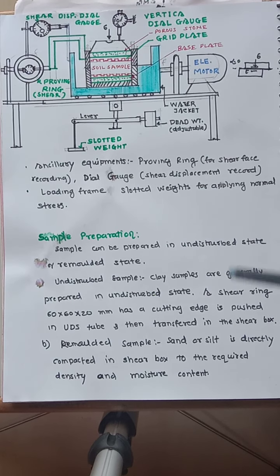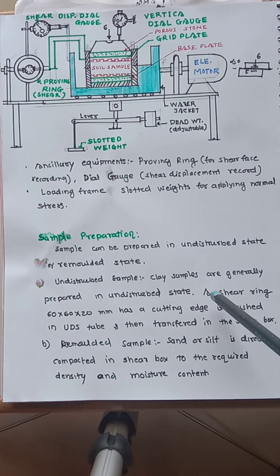The first part is the sample preparation. A sample is prepared in two ways, either as an undisturbed sample or a remolded sample. Undisturbed samples, mostly for clay, are generally prepared in the undisturbed state.